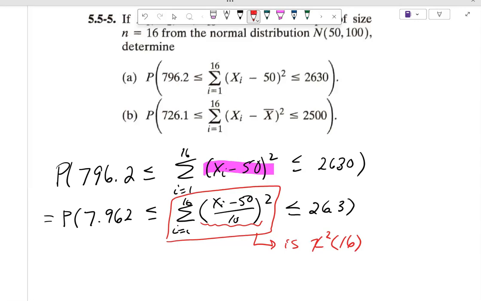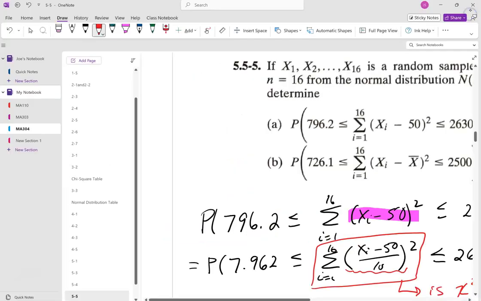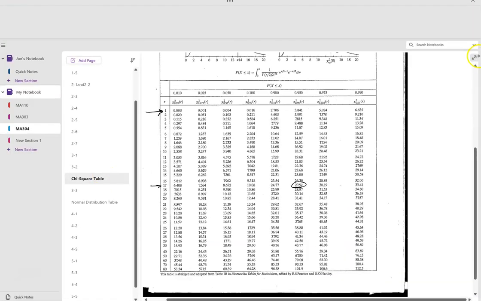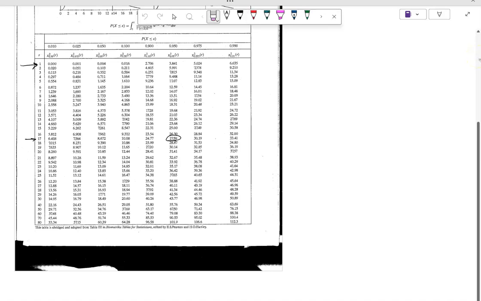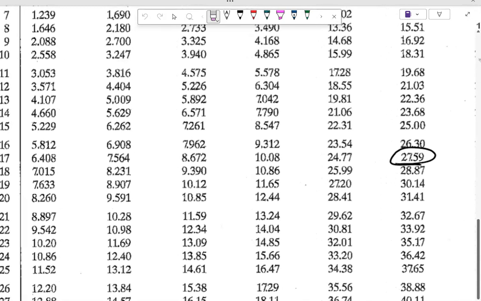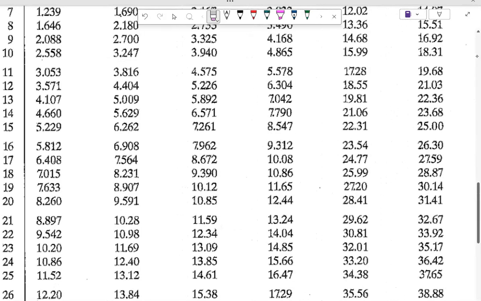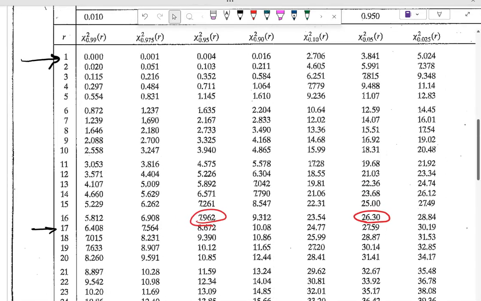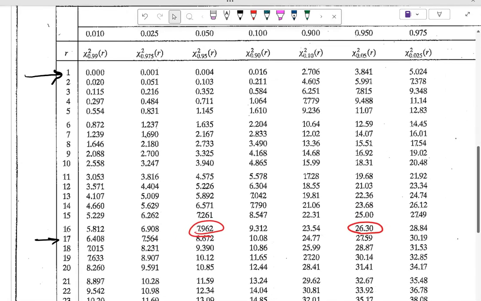So now if you wanted to find this answer, we would need to go to our chi-squared distribution table or use Excel or use a calculator. I think I have chi-squared saved in here. I do. Here is 16 degrees of freedom. Here's your 26.3 right here. Here's the 7.962 right here. All right. Going back up to the top, then, what would we need to do to find the probability between them?